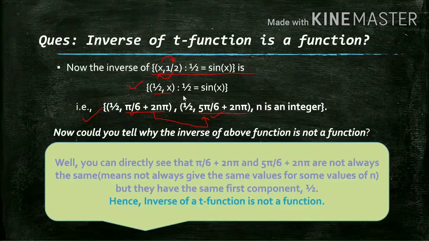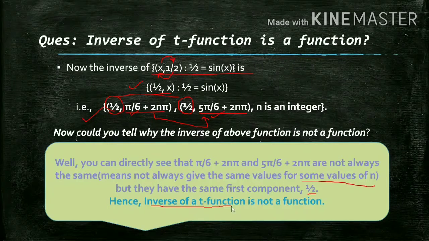That means these two ordered pairs are different for some values of n, but they have the same first component. Just putting the value of n, you will get different ordered pairs, but their first component is the same. That means for two different pairs I get the same first component.